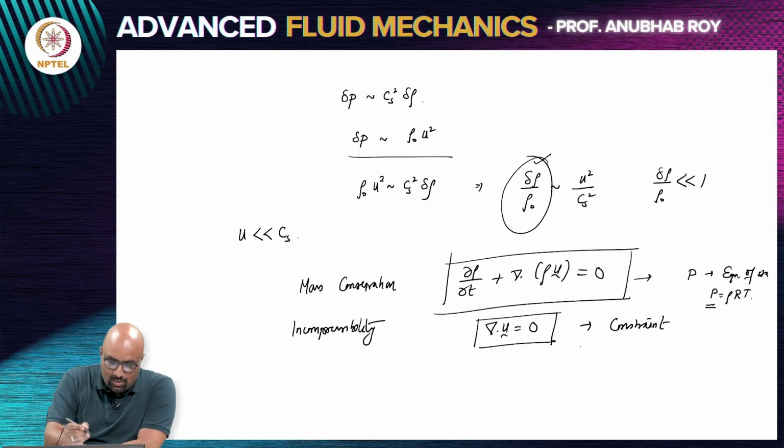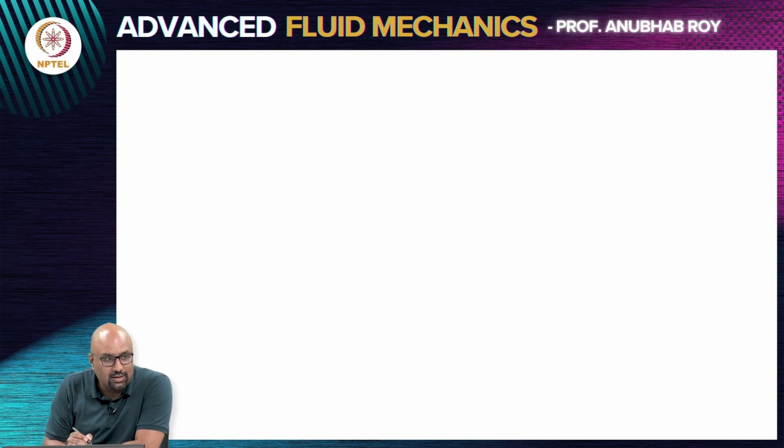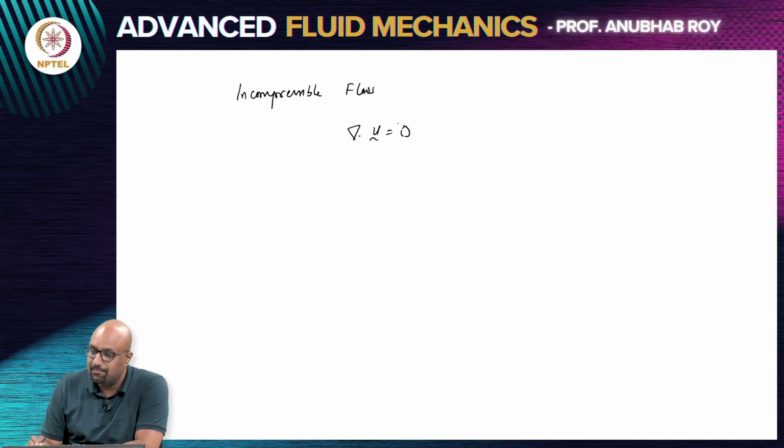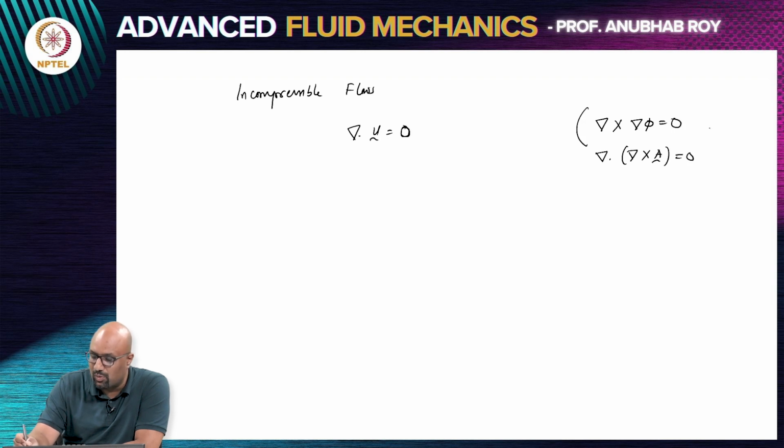Right now we will continue a little bit with incompressibility. We have learned that there are flows which are incompressible, which is given by the velocity field being divergence free. During our discussion on tensors, we did a few problems, and one of them was that the curl of a gradient is always equal to 0 and the divergence of a curl is also equal to 0.